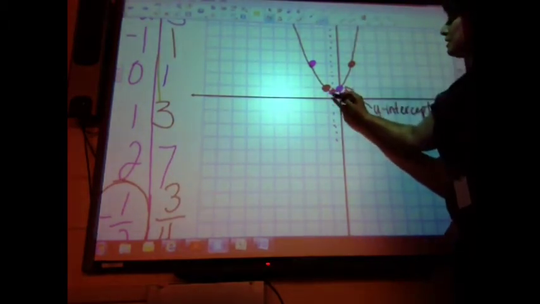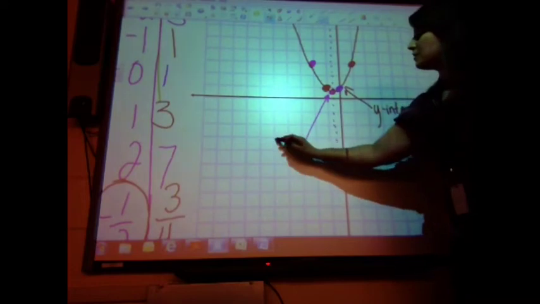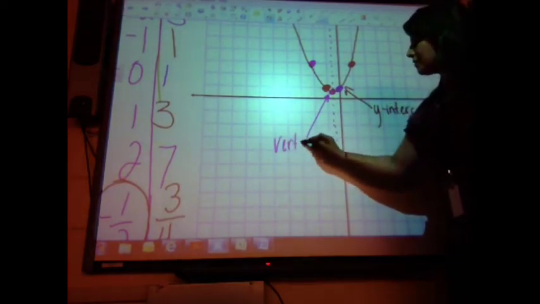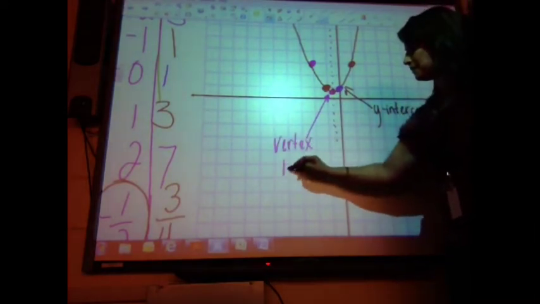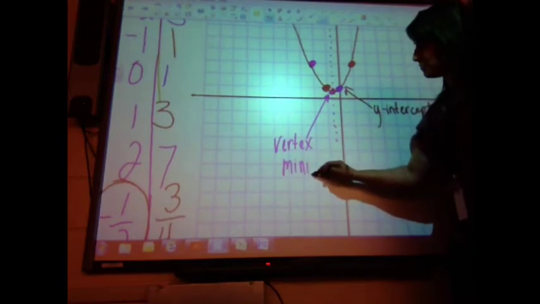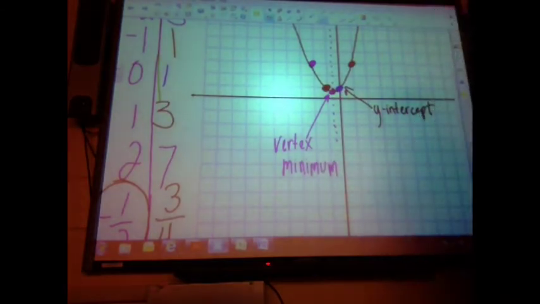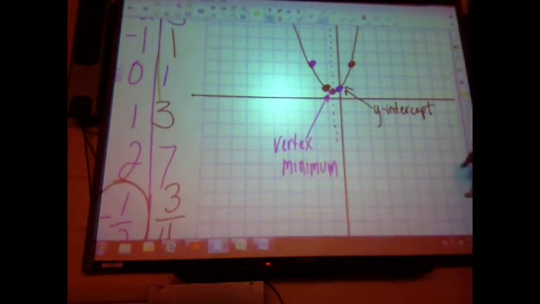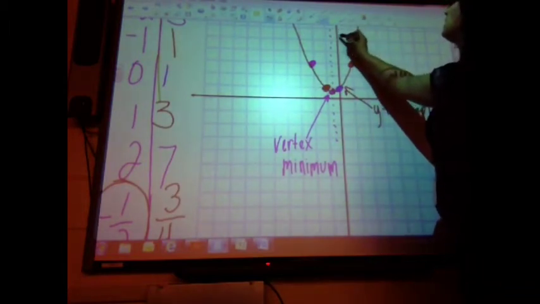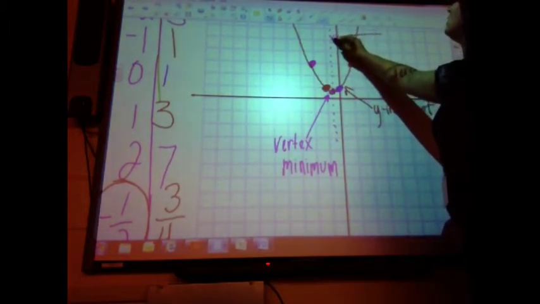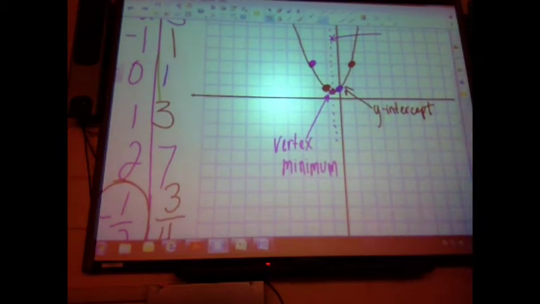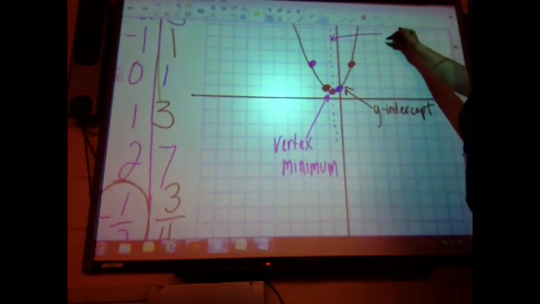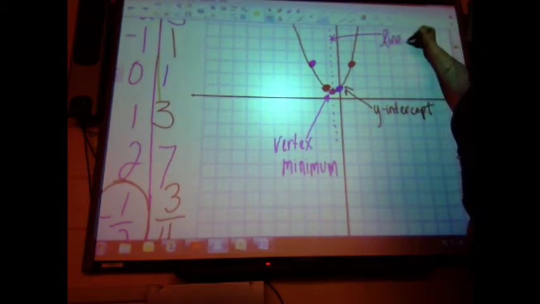This black dot right here is my vertex. So like the last graph, this vertex is a minimum because it's the smallest point in my parabola. And then this polka dotted purple line up here, that was my line of symmetry. So in the last graph, the line of symmetry was the y-axis, but in this graph, it's x equals negative a half.